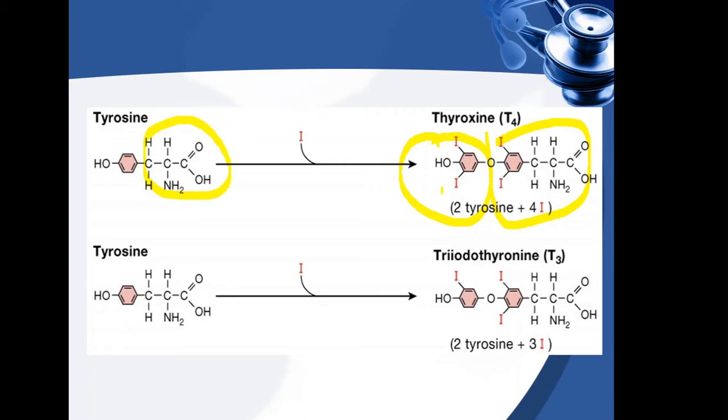T4 has 4 iodine molecules, that's why it's called T4. T3 has 3 iodine molecules. So T4 or T3 is made of 2 tyrosine molecules and iodine molecules.